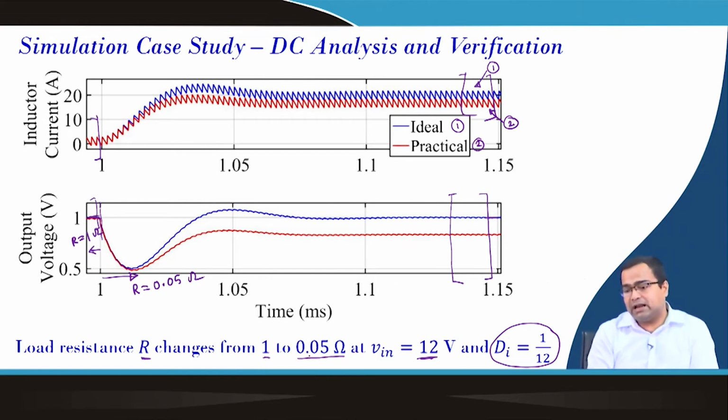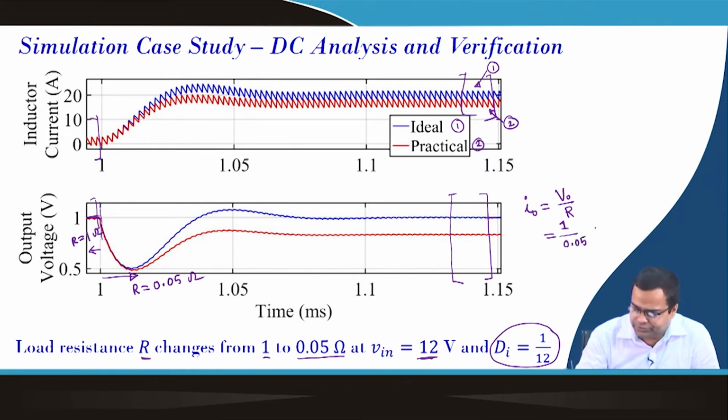So, what will be the load current? I0 should be V0 by R. So, if V0 is 1 volt and R is 0.05 ohm, it will be 20 ampere. So, my average inductor current is 20 ampere, that is shown here.